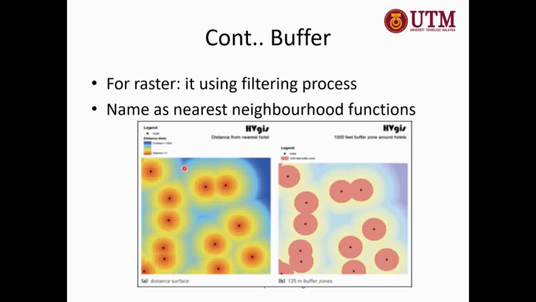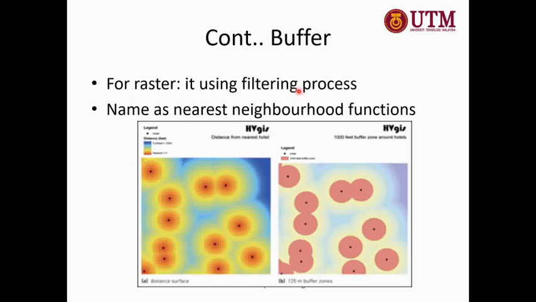This example uses raster data, so it is based on the pixel. We can see this is the first buffer, and then the second buffer and the third buffer. You can also see over here the buffering of this point and point combined. The name is nearest neighborhood. So these are some of the techniques for buffering.